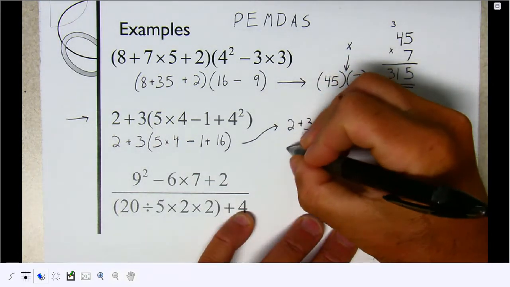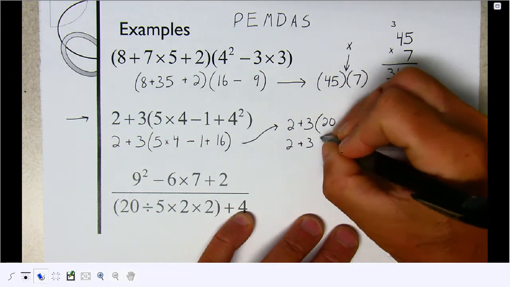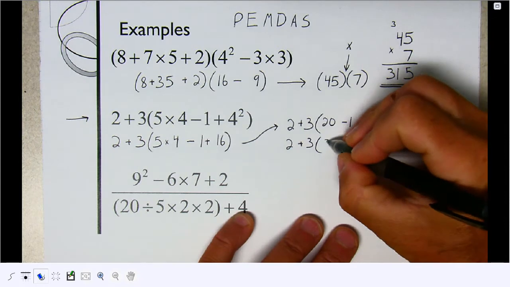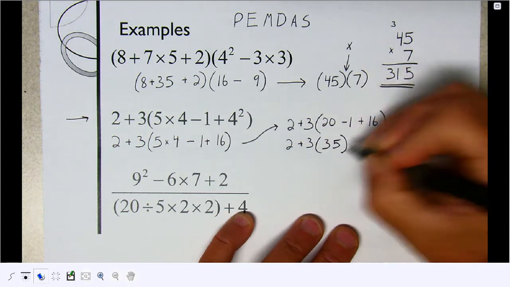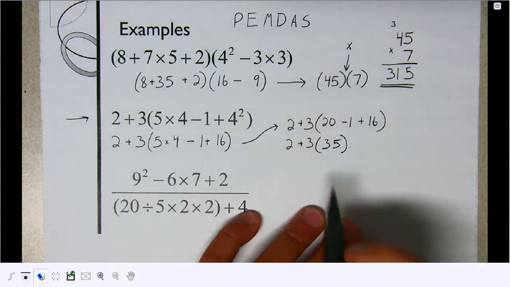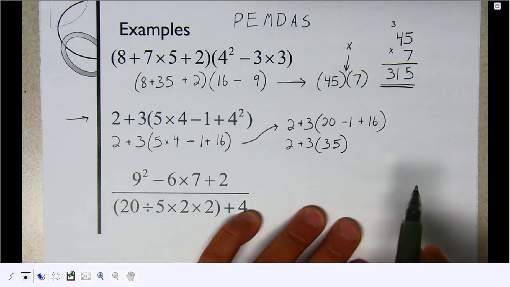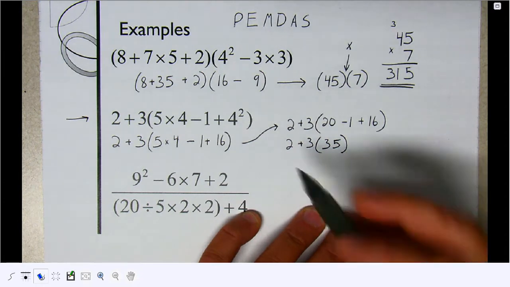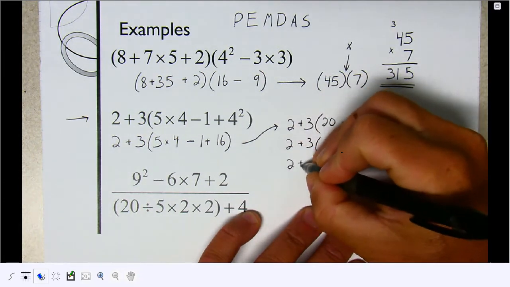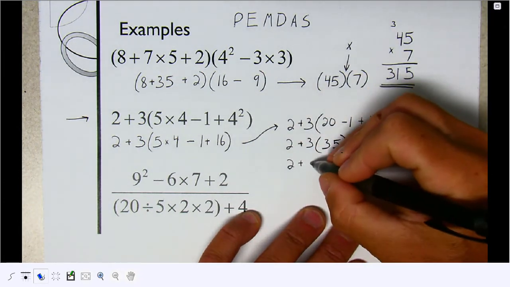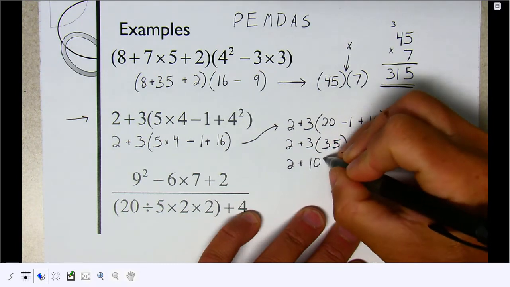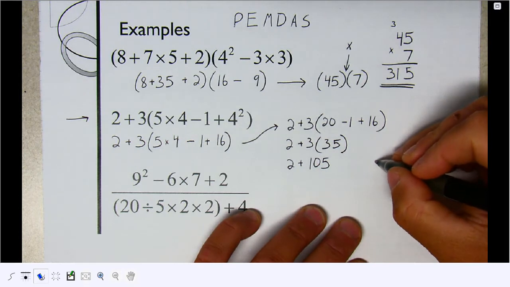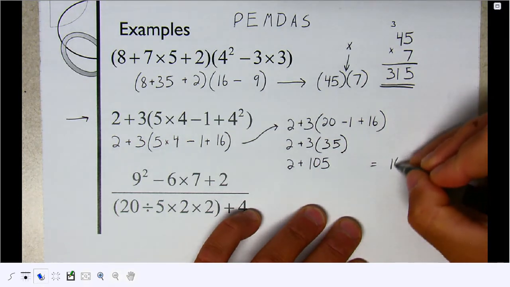This becomes 2 plus 3 times 20 minus 1 is 19, plus 16 is 35. So here again, it's tempting to say that that's 5 times 35, but it's not. It's 2 plus 3 times 35. 3 times 35 is 105. So this becomes 2 plus 105, and that means that the value of the expression is 107.